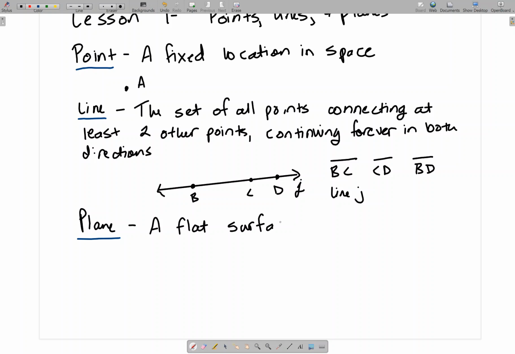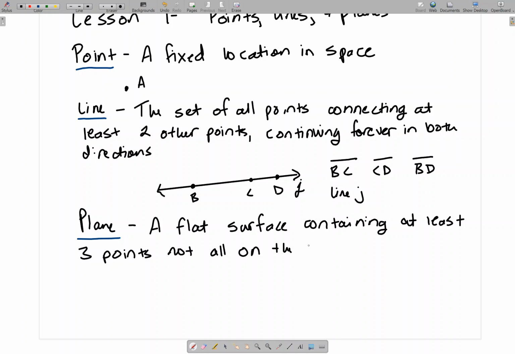So a plane is a flat surface containing at least 3 points. And those 3 points have to be not all on the same line. 2 of them obviously will be on the same line, but they have to have at least one that isn't on a line with the other 2. Not all on the same line.